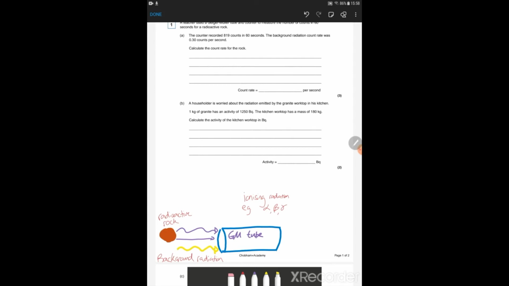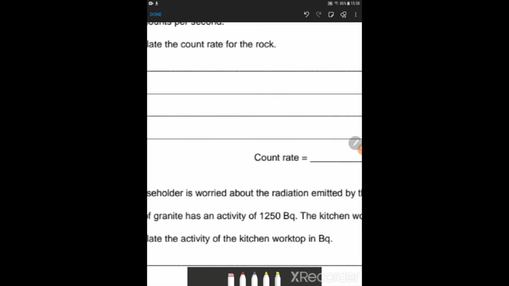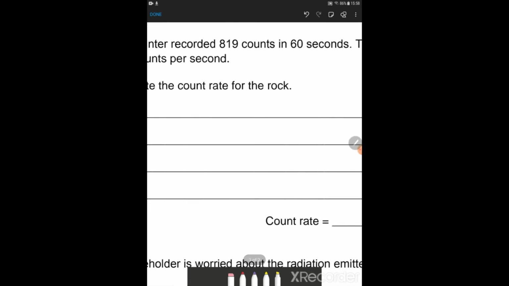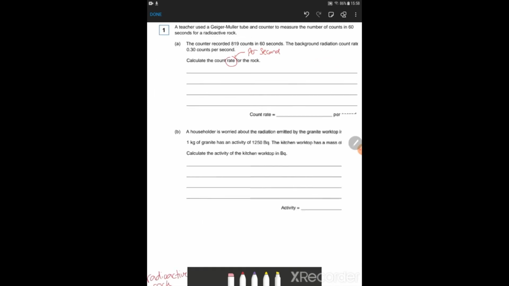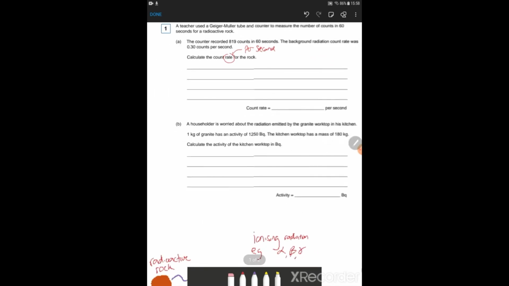Now remember, a rate is something that's per second, okay? So I'm going to write that on there. So a rate, that's something that is per second. So whenever we're trying to find out a rate, we know that we've got a number.